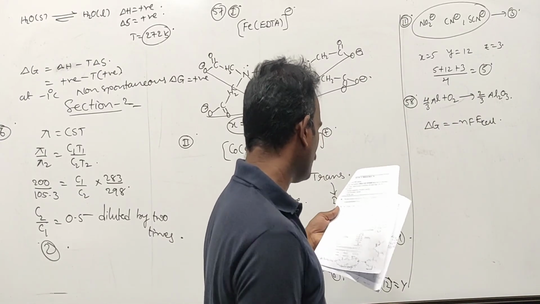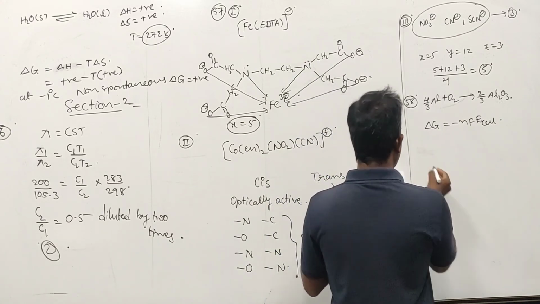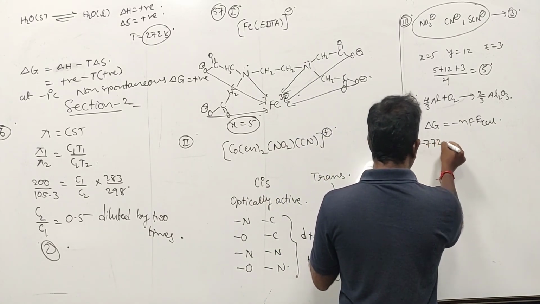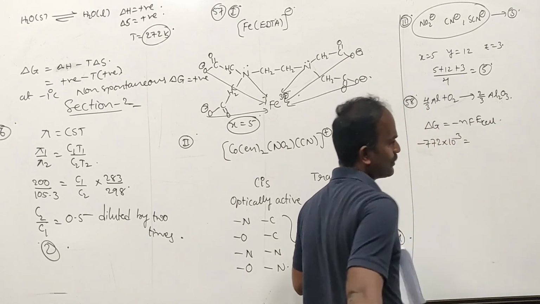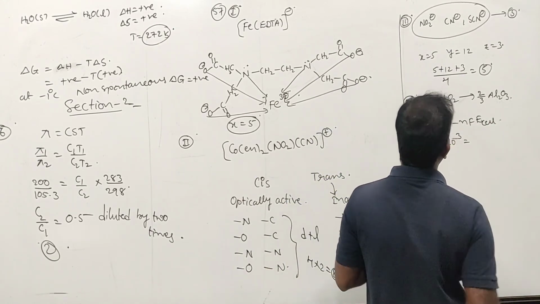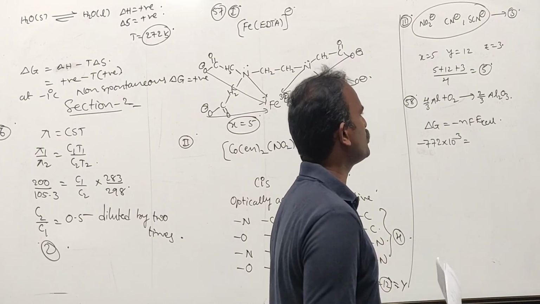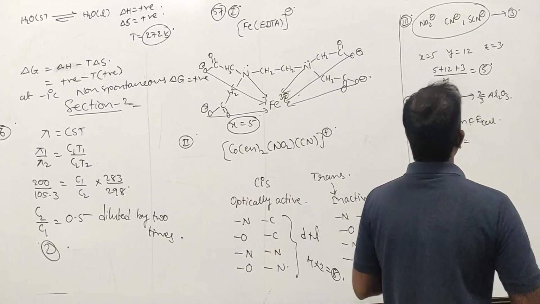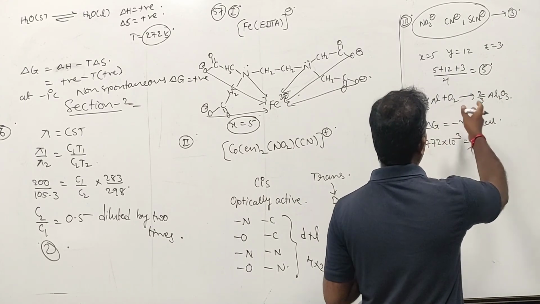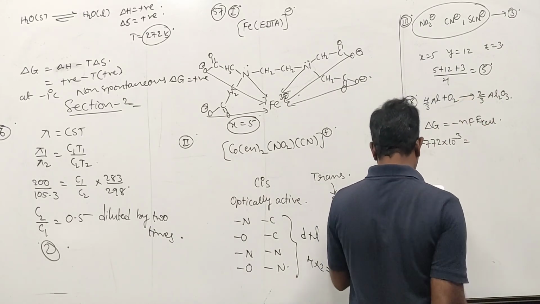Now this is going to be minus 772 into 10 cube, 10 cube because of kilojoules, that is equals to minus nF E cell, where n is the number of electrons transferred. How many electrons are transferred during this process? If you balance this one, then you can understand.